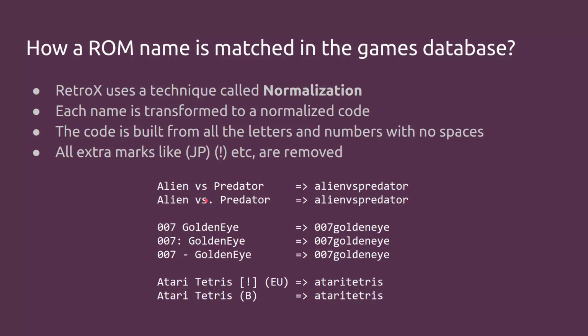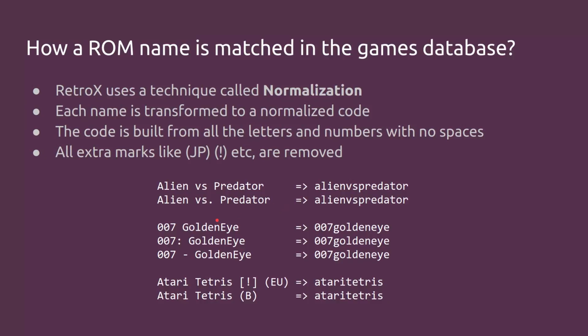This has a dot here. But as we take out anything that is not a letter or digit, the dot is gone and the code is the same. So in this case, this game has a different name, but in the end, it's the same game, so it has the same code.